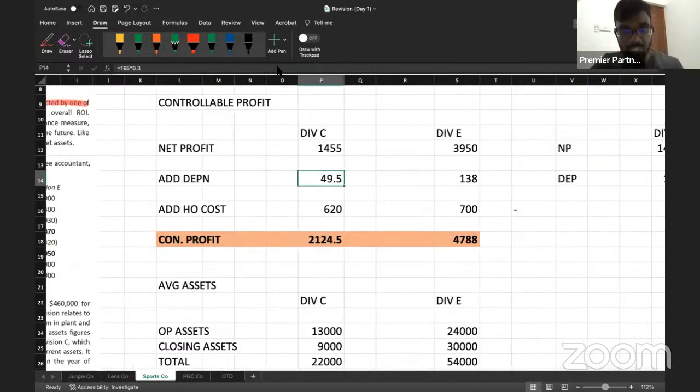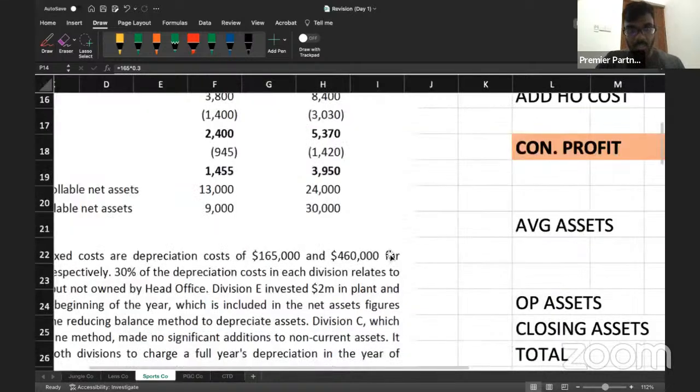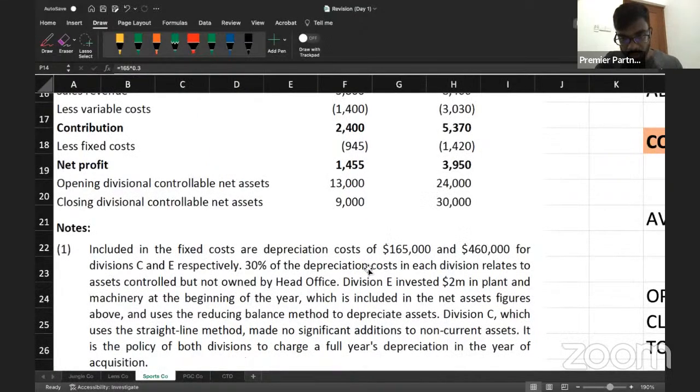Now this statement, guys, it's a bit confusing. See, 30% of depreciation costs relates to assets controlled but not owned by head office. So assets are controlled by the head office, no? So you can't control it.